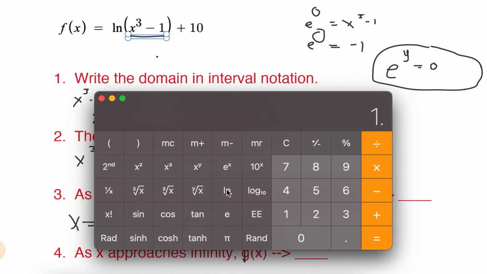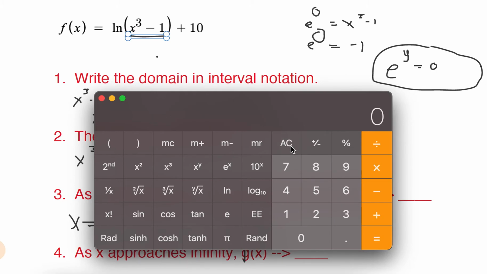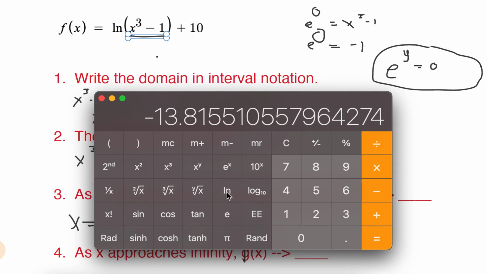Now let's plug in something really close to the vertical asymptote. I have to cube it and subtract 1 first. Then logarithm, add 10. We got a negative number, and you'll be able to see a pattern. The closer you get to the vertical asymptote, the smaller the numbers get, going towards negative infinity.